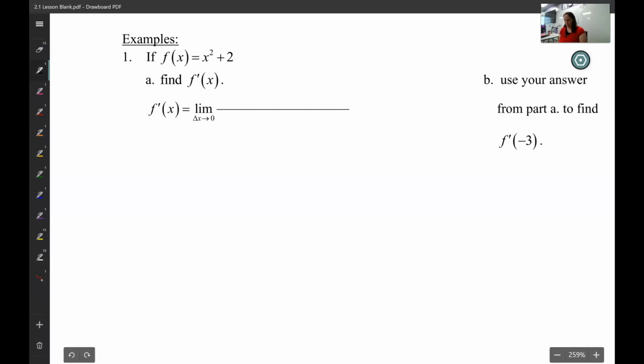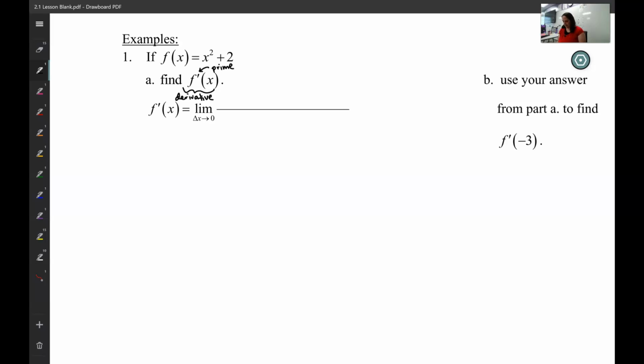If f of x equals this, I want to find f prime of x, and it just stands for derivative. So I want to find the derivative.